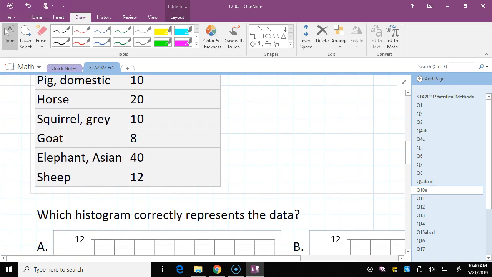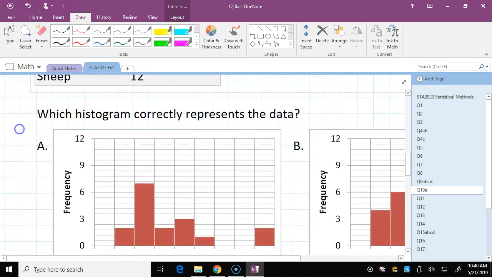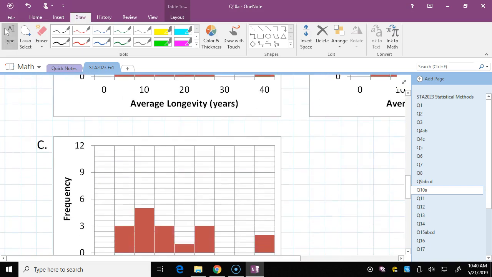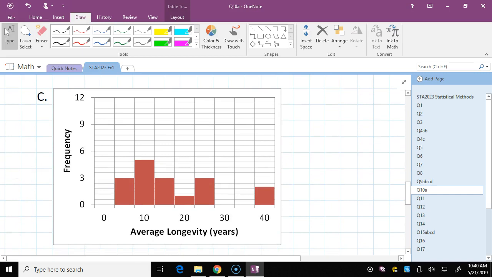So that's about 5, right? So when we come down here and look at that information, we knew we had about 4 numbers that were around the 5s. And we have how many numbers for the 10s? 5.